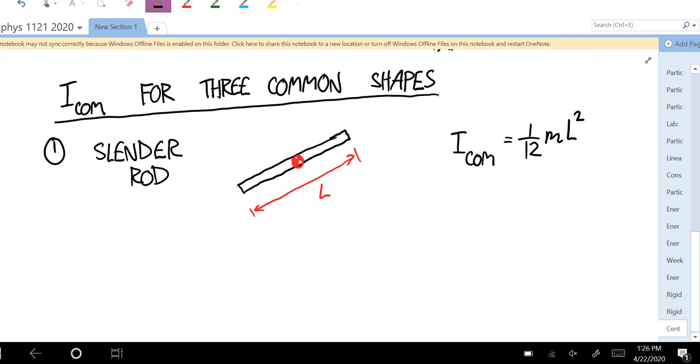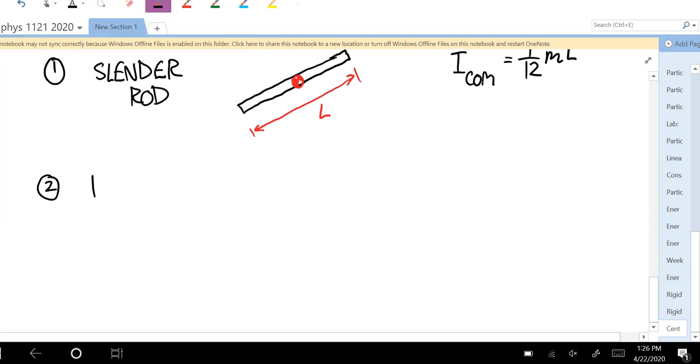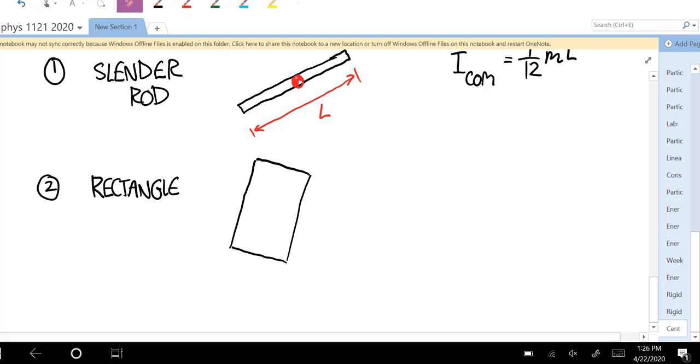The second shape we're going to use a lot is a rectangle. The center of mass, like we talked about, is right where the two axes of symmetry intersect.